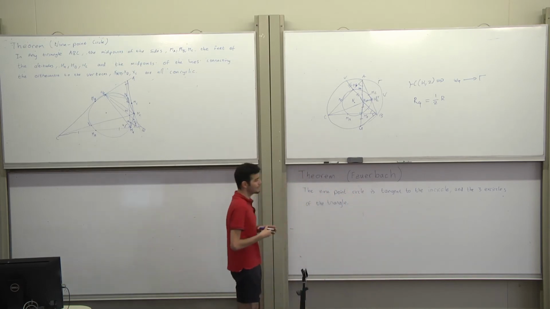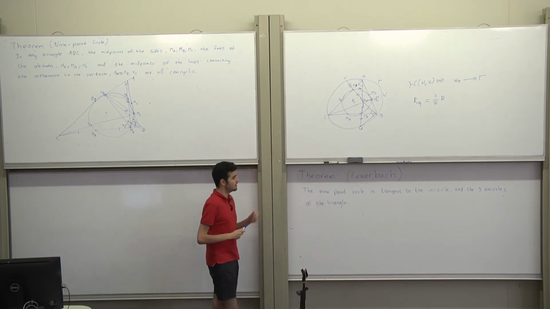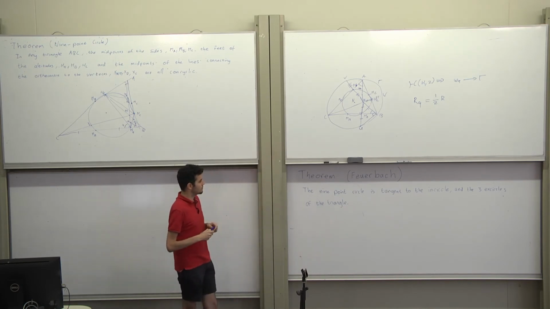So this is called Feuerbach's theorem. The 9-point circle is tangent to the incircle and the 3 excircles of the triangle.